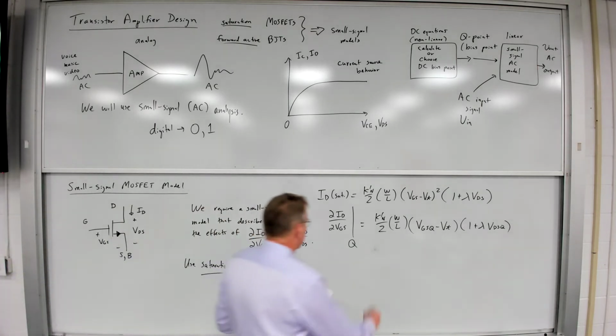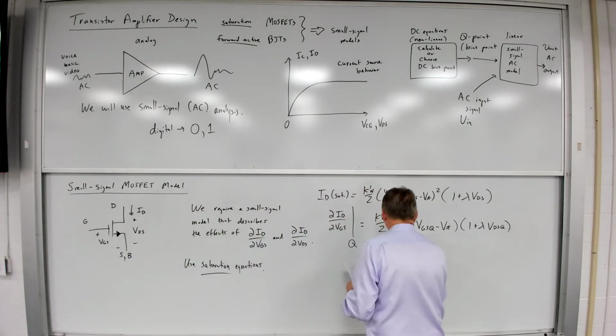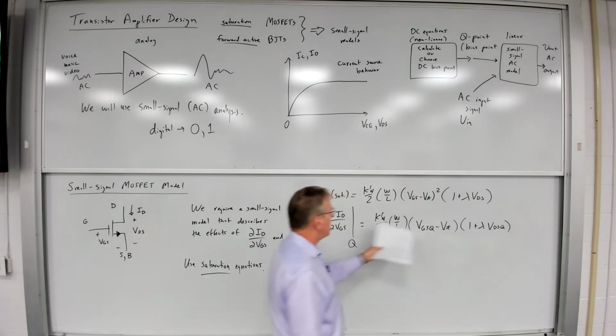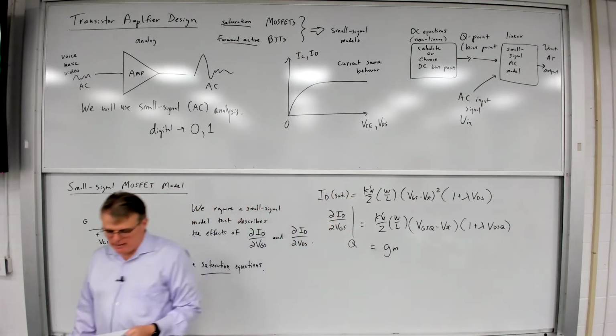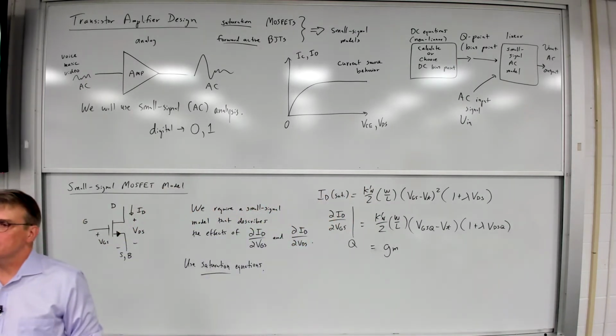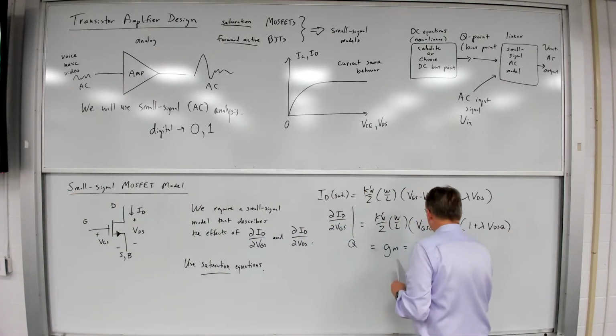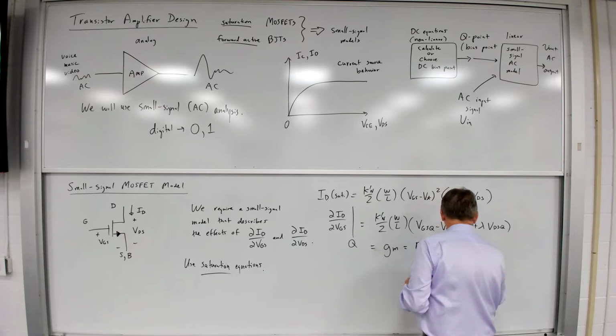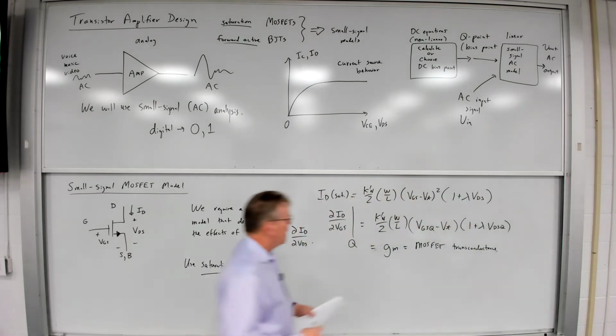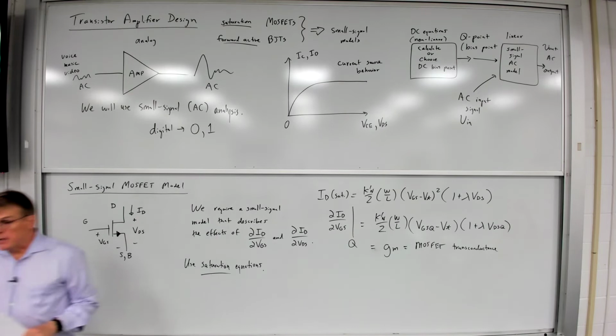And we give a name to this. We say this value I just got is G sub M. We call that the MOSFET transconductance. So we're going to make an approximation.